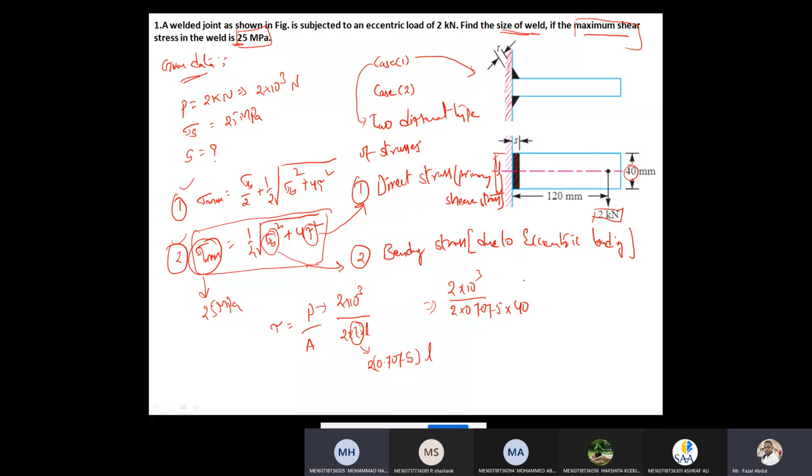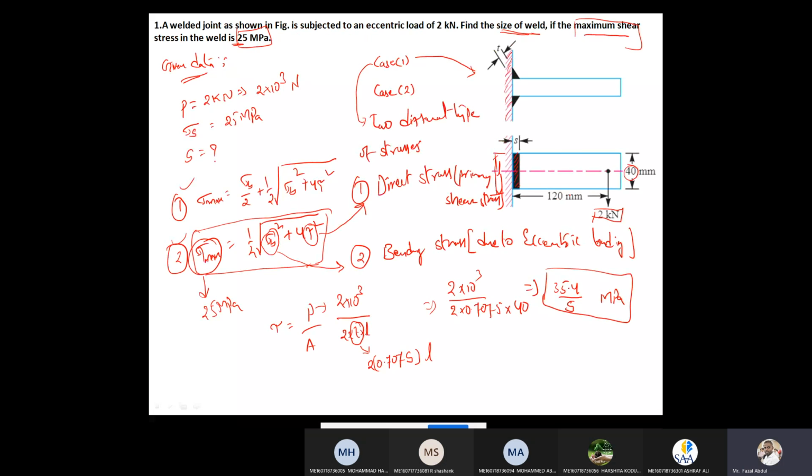So here I am writing 40 mm. Now what is the value? The answer should be in megapascal. It is 35.4 megapascal by s. So this is the primary shear stress.